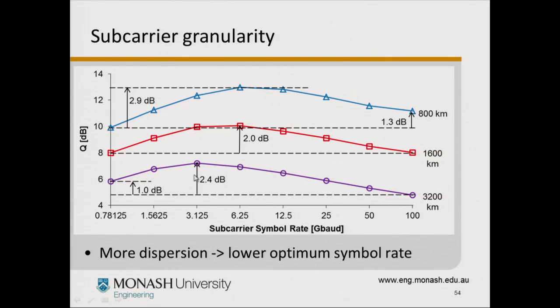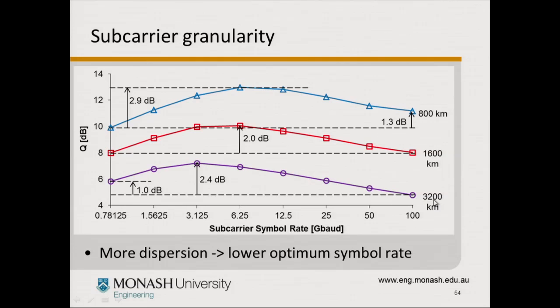Now for a longer link, we can see that obviously the net performance is worse, but the interesting thing here is that the peak of this curve is at a different point. The peak of this curve is now only at 3 gigahertz. So for longer links or for more dispersive links, you need a lower symbol rate rather than a higher symbol rate, as some intuition may suggest.